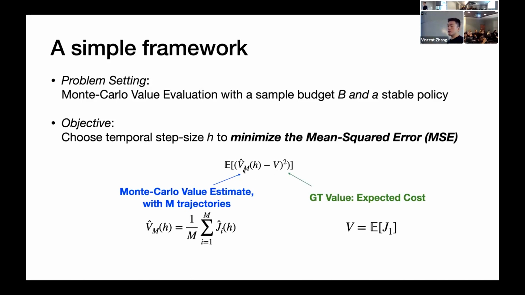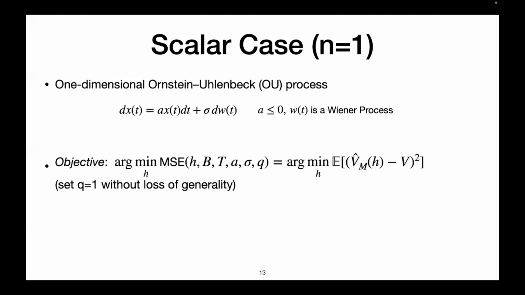And so the quantity V hat here is the Monte Carlo value estimate that I went through. So you would take many trajectories with discrete time samples, and you would take the average of them. And there's this V here that denotes the ground truth value. That is the true expected cost. And you want to minimize the error. And so to start the analysis, we first look into the scalar case, where there are no longer any matrices, it's just a scalar.